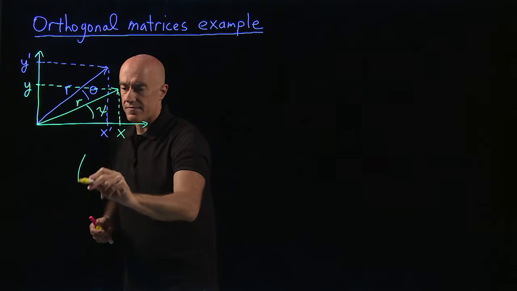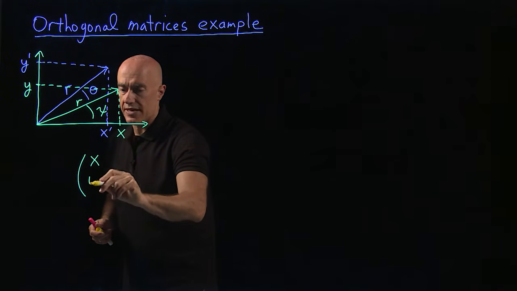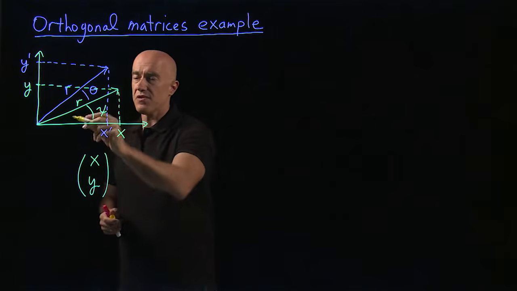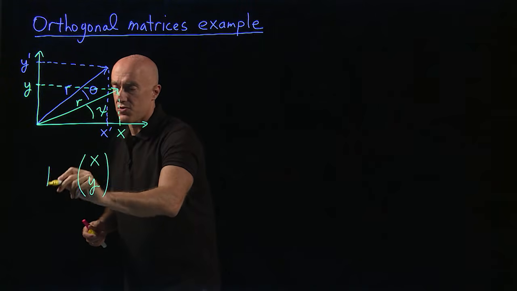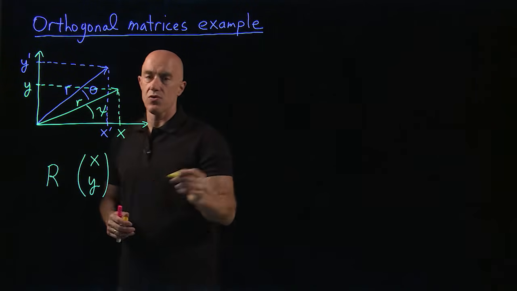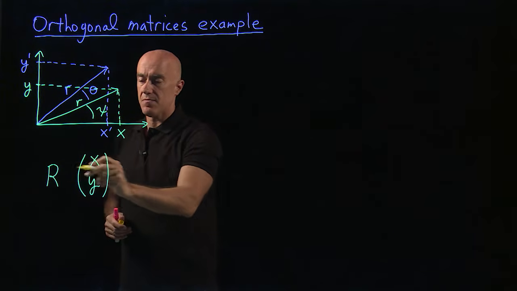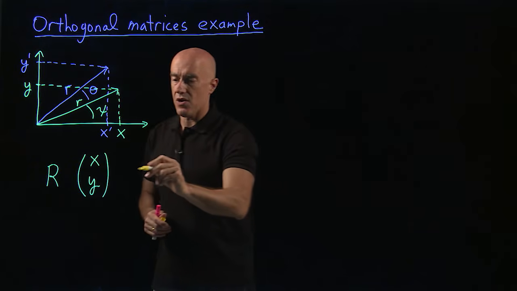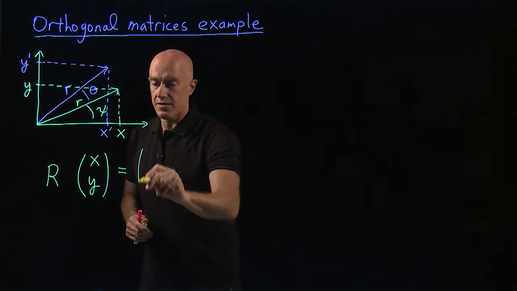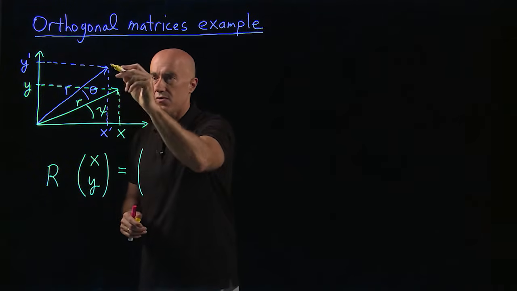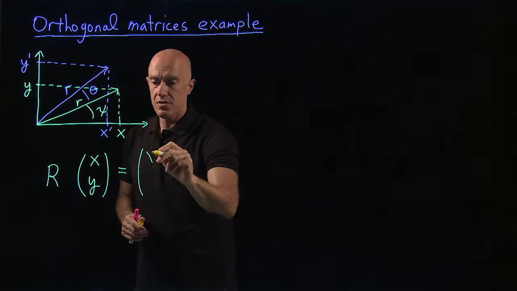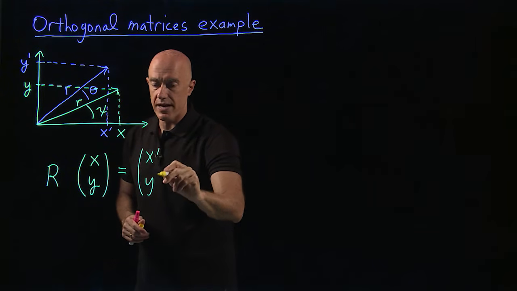We want to multiply this by some 2 by 2 matrix, which I'll call R. The multiplication of xy by R is going to give us the new coordinates of the rotated vector, which is x prime, y prime.